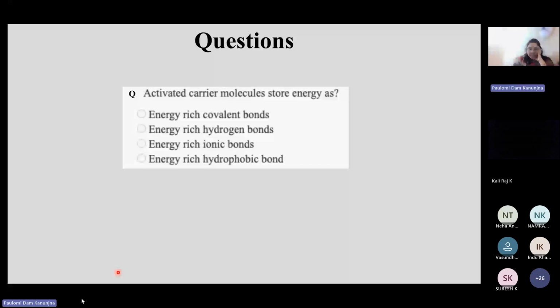One. There's a consensus. Yes, covalent bond. Like everyone has said, it's absolutely correct. It's energy-rich covalent bond. Just for explanation, if someone has any doubt.